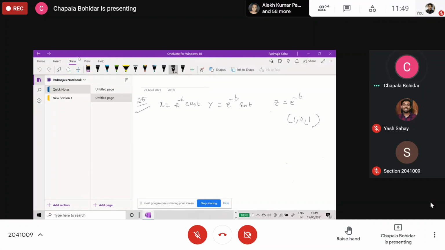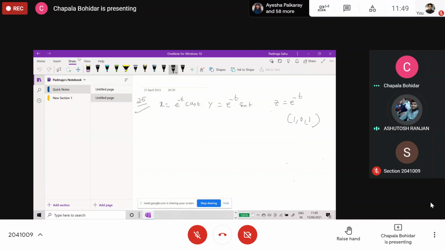Absolute value divided by x dot square plus y dot square, whole to the power 3 by 2. You say 3 by 2?